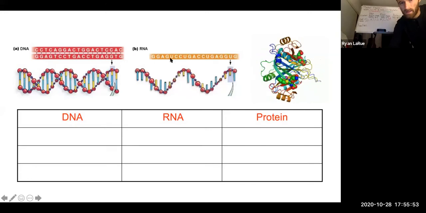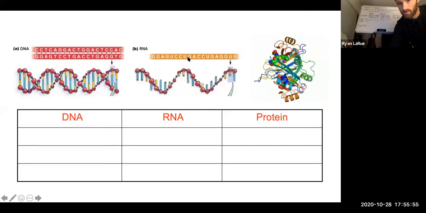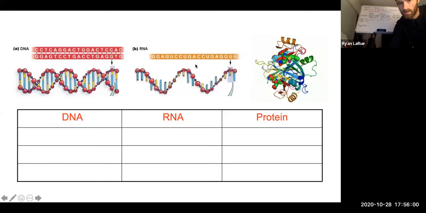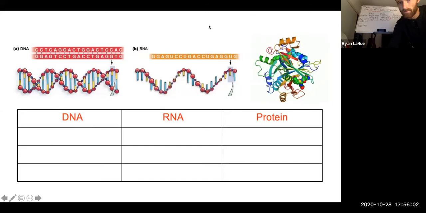The uracil is in place of the thymines, so you have U's instead.